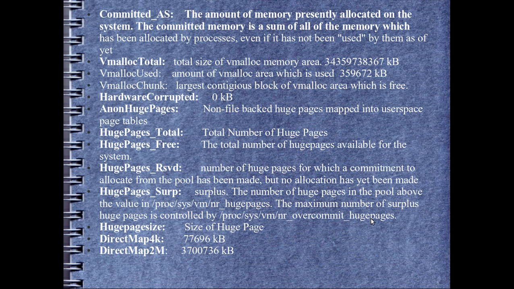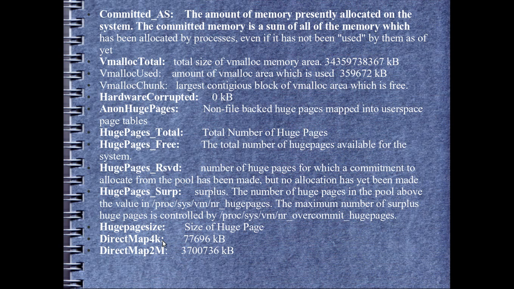There is a variable, nr_overcommit_hugepages, in sysctl parameters, which specifies how many surplus pages can be allocated. Huge page size that we just had a look at was 2M. This is the size of huge page that the kernel supports, and direct map 4K and 2M.